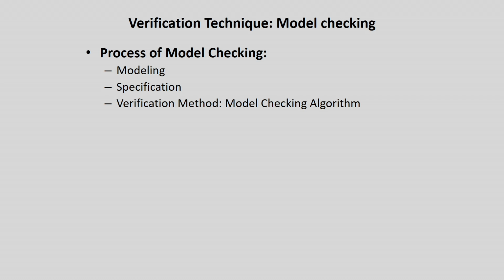So we need a model of our system, and the model will be represented with the help of a Kripke structure. A Kripke structure is nothing but a sort of finite state machine that we have already seen, and the specification of the system will be represented with the help of some property specification logic, and in our case we have discussed CTL, computation tree logic.